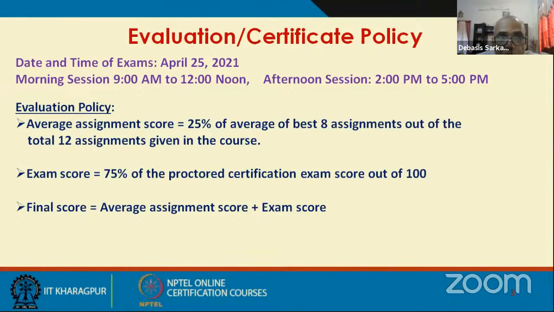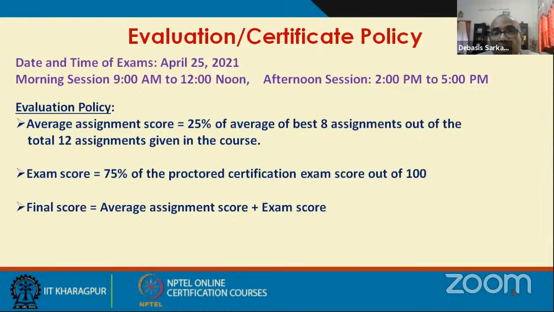Okay. So for the computation of the assignment score, what will be done is your 8 best assignments will be considered. Note that you are supposed to submit 12 assignments, but all 12 assignments will not be considered. Only the best 8 assignments will be considered.